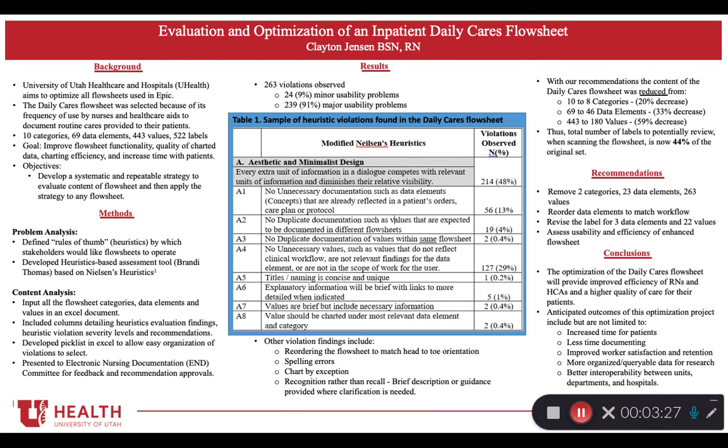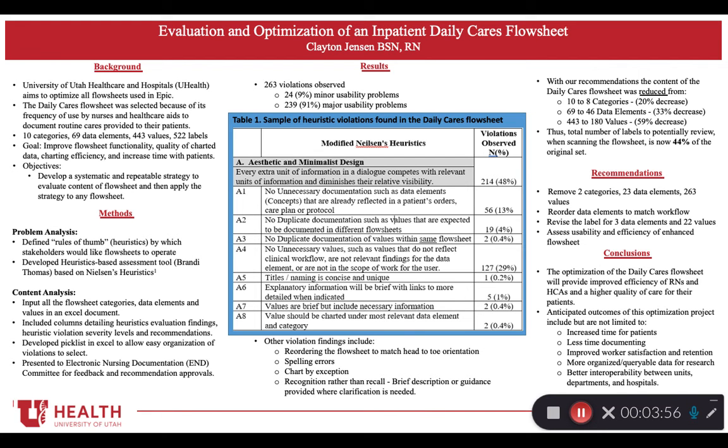You can see a sample of our heuristic violation findings in the daily cares flowsheet here in the middle. You can see one particular section labeled A, the aesthetic and minimalistic design, and its subcategories A1 through A8. You can see particularly in A1, 56 violations, and A4, 127 violations, that we had a significant amount of violations just in this category.